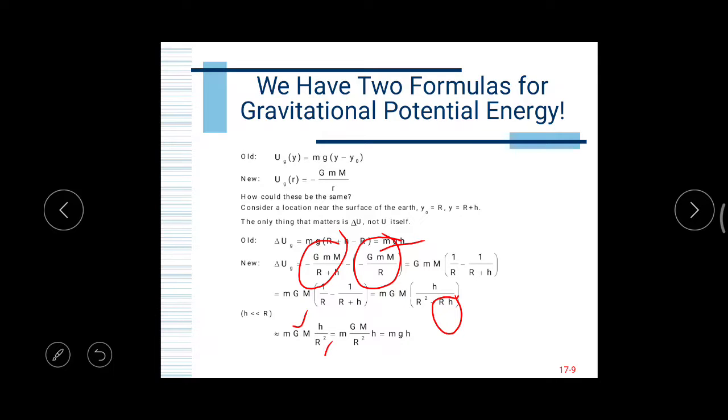So G M divided by R_e square is actually the gravitational acceleration value. So at a height which is very much less than the radius of earth, the gravitational potential energy has the expression m into g into h, where GM divided by r square is g, hence m into GM divided by r square into h will become mgh.